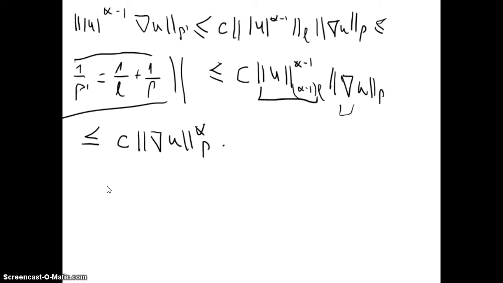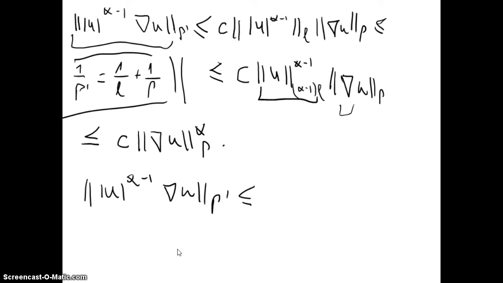So we will have that this, alpha minus 1 u rho prime, is less than or equal to c times the norm of u to the alpha in W^{1,rho}, with rho prime and rho and the L's satisfying this condition.